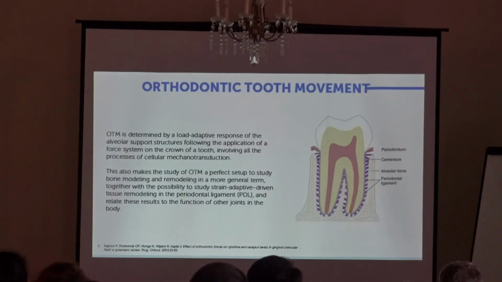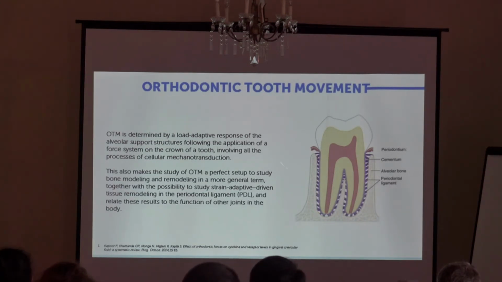Orthodontic tooth movement is thus determined by a load adaptive response of all the surrounding structure. And the tooth is connected to the bone through a very special kind of joint.